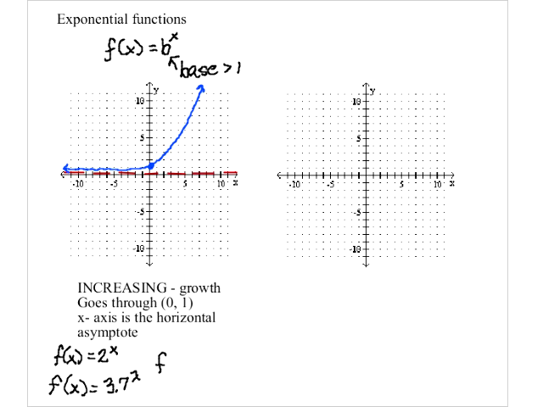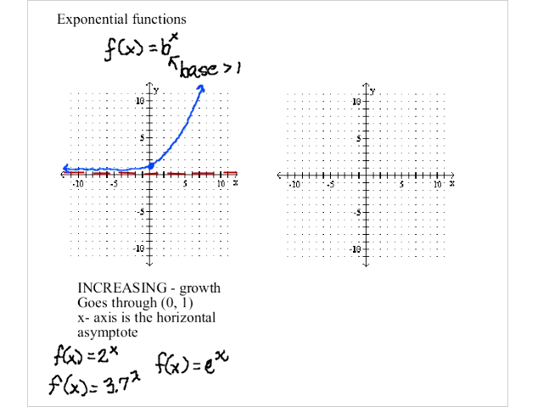Or one that we've talked about, f of x is e to the x. It has a graph like that because e is 2.718 approximately. Okay, so any exponential function where the variable's in the exponent that has a base that's greater than 1 will start off looking like the graph you see right there.